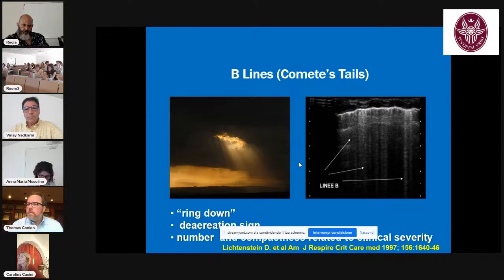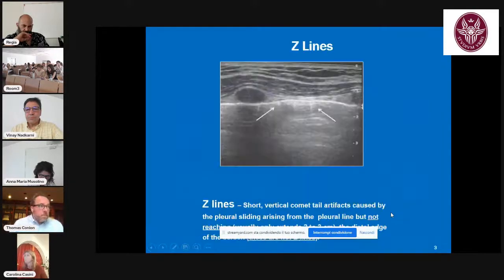It only means that in that point there is no air. So the ultrasound gives this effect of ring down or comet tail. The number and the compactness is related to the clinical severity.